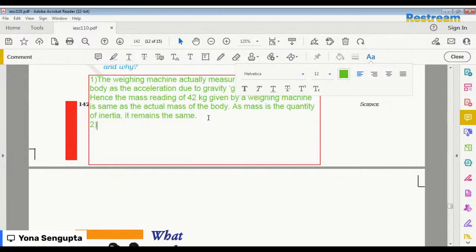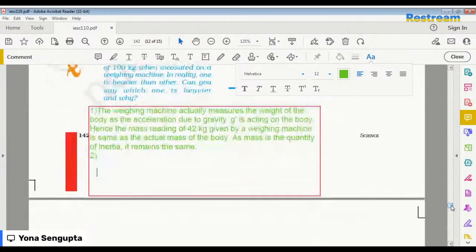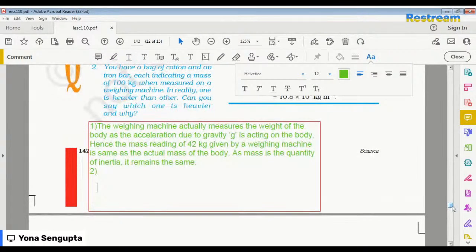Next we have number 2. You have a bag of cotton and an iron bar, each indicating a mass of 100 kg on a weighing machine. In reality, one is heavier than the other. Can you say which one is heavier and why?